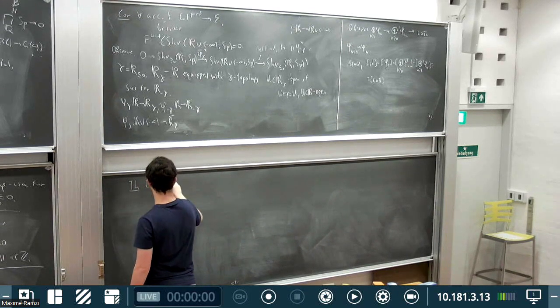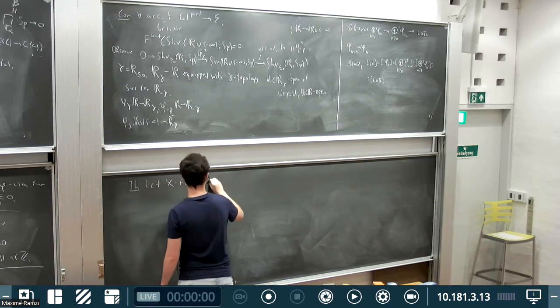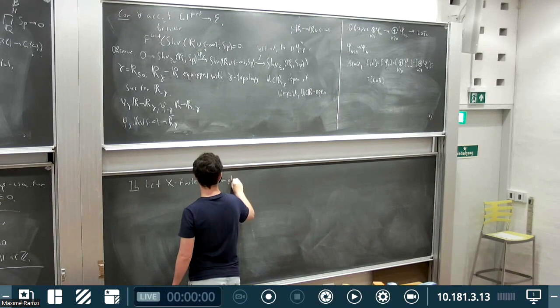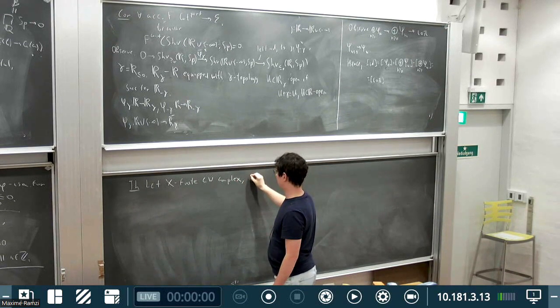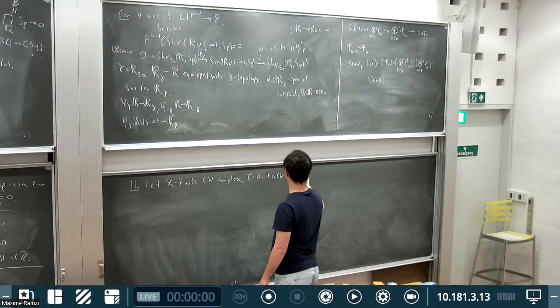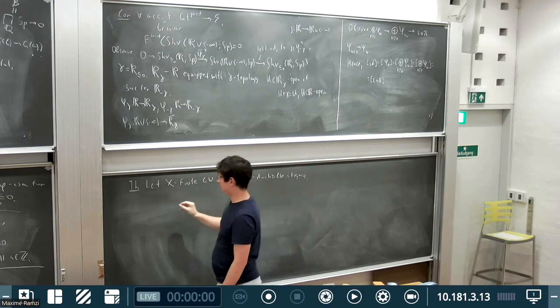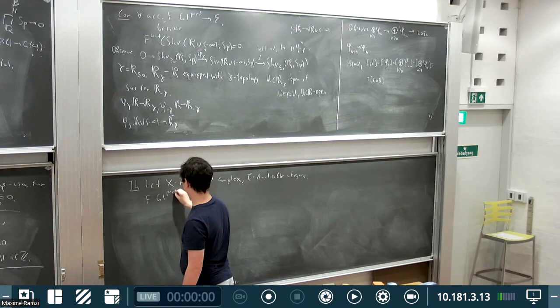Let X be a finite simplicial complex, and C a stable category, and F is some accessible localizing invariant.